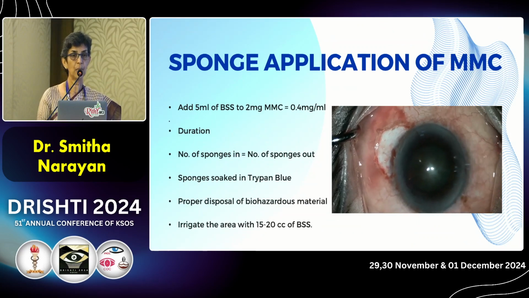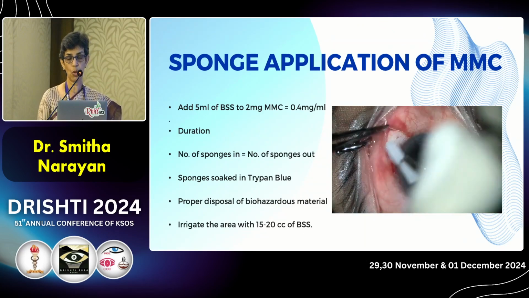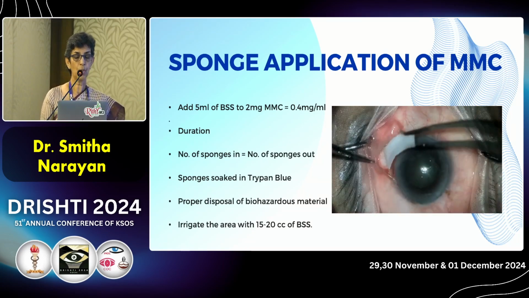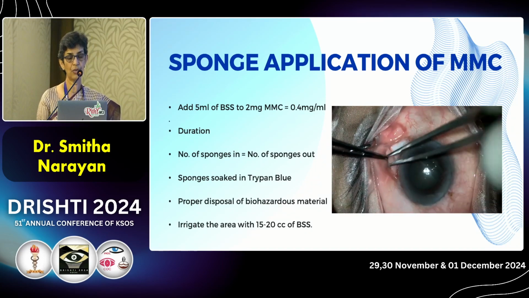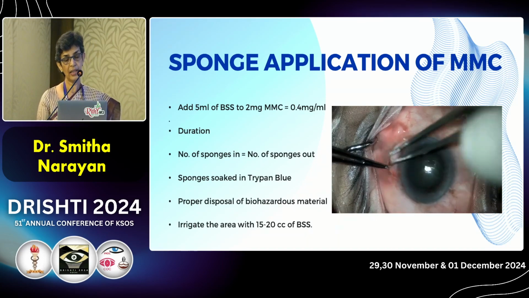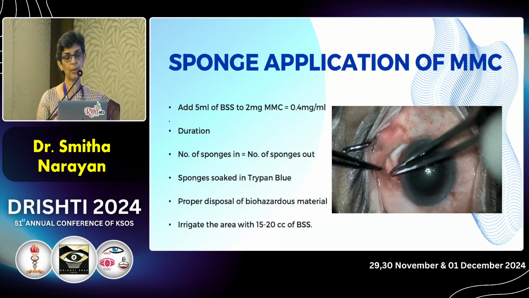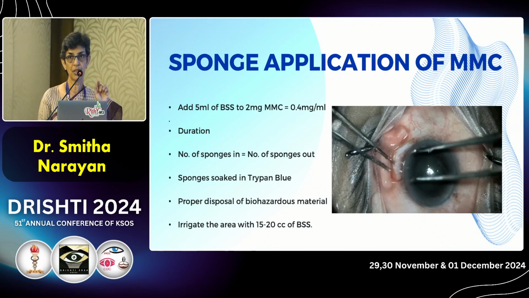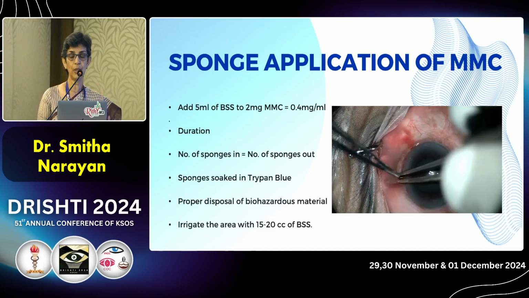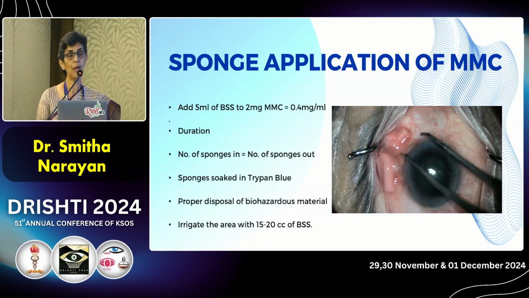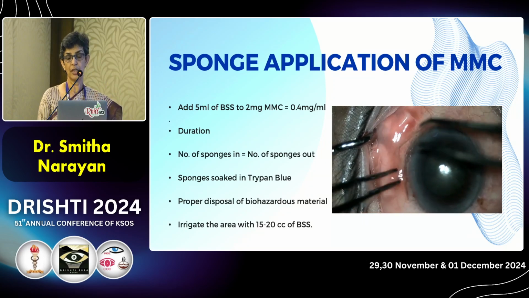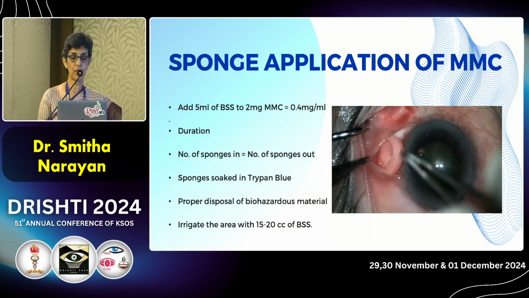In cases where you want to apply the sponge, after making the peritomy, you can use sponges dipped in the required concentration of mitomycin C and again kept for the required duration, about 2 to 3 minutes. It is very important that the number of sponges that you put inside should be equal to the number of sponges you take out, because you don't want to retain small fragments of sponges or the sponge itself to cause scleral melting.